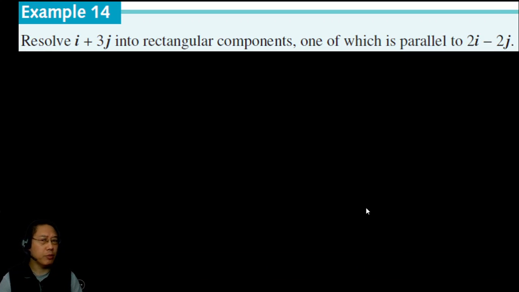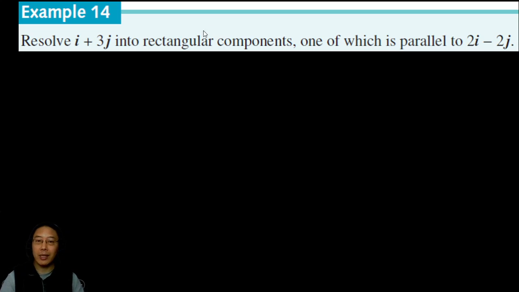I think that would be the last one. So this one, you need to resolve. You have your vector i plus 3j, which is your vector A. It's asking you for rectangular components, one of which needs to be parallel to that vector, and that's your vector B. Okay.